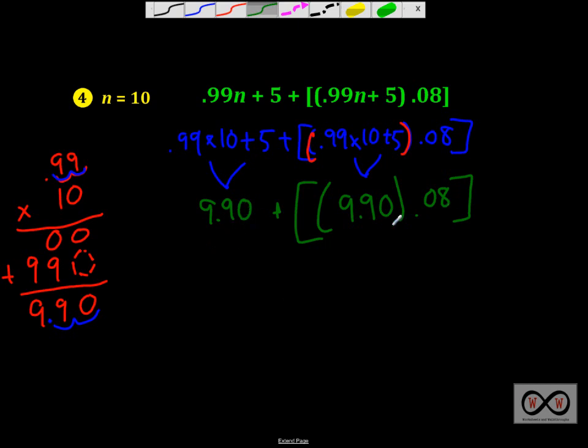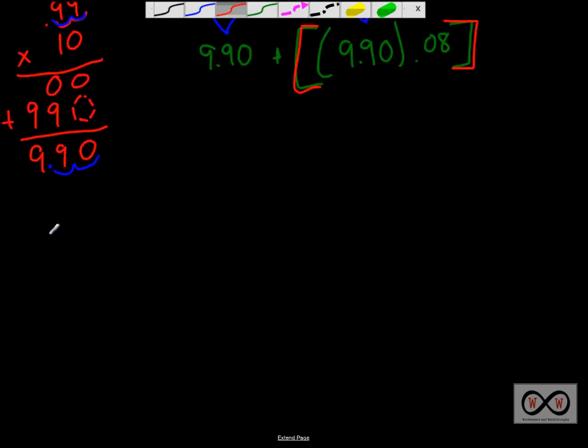And we're going to now handle what's inside these brackets. We'll follow our order of operations again. Let's just bump this up a bit so we have some more space to work. So we've got $9.90 times our tax rate of 8%, or 8/100ths.